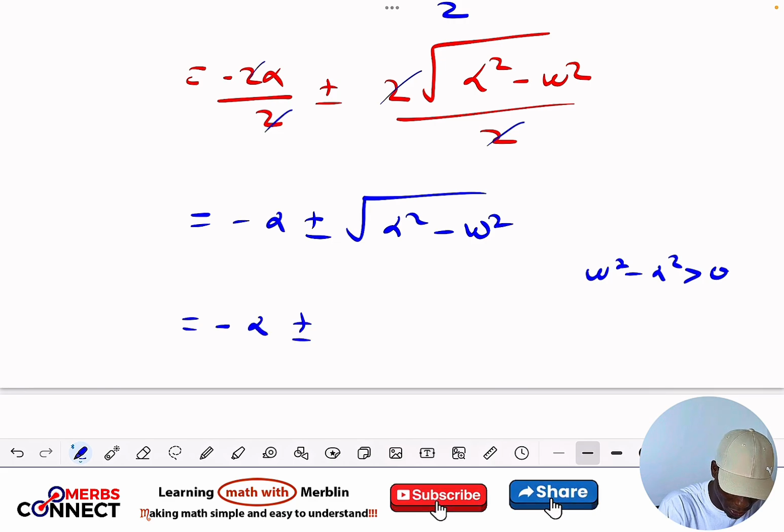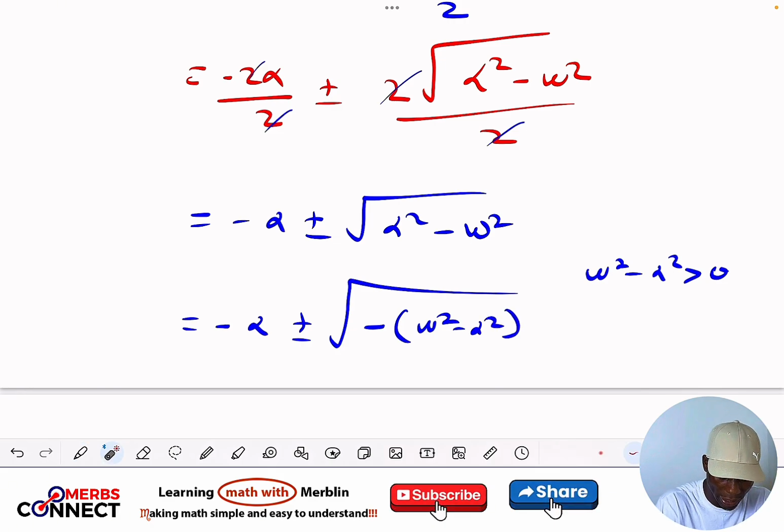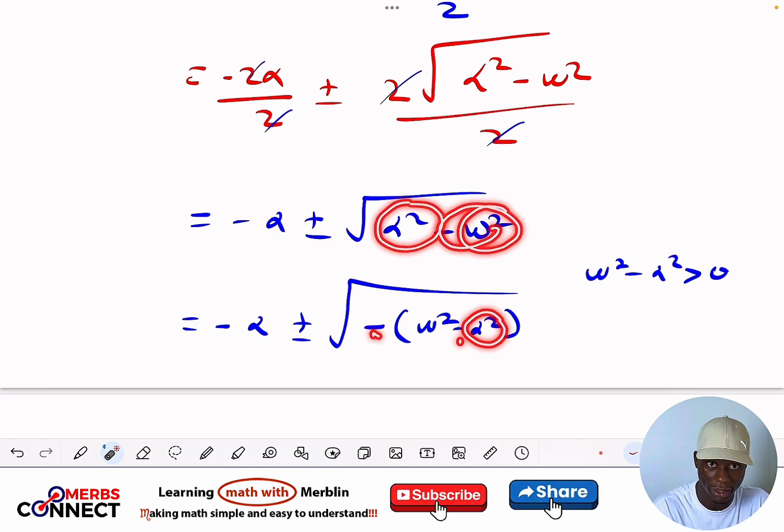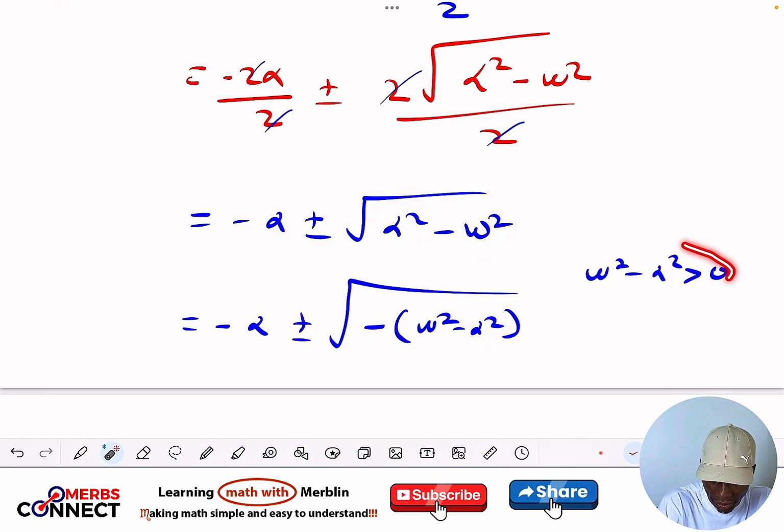So I can write this as minus alpha plus or minus this. Now I can factor minus out and have it be omega squared minus alpha squared, so that when I multiply through by minus, this one becomes minus omega squared, and then minus minus becomes positive. We know this is positive, so when I subtract alpha squared from omega squared, I get a positive value.